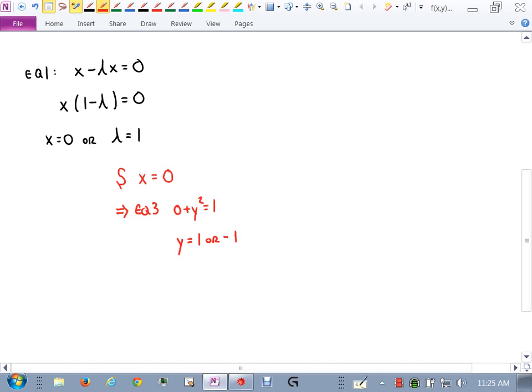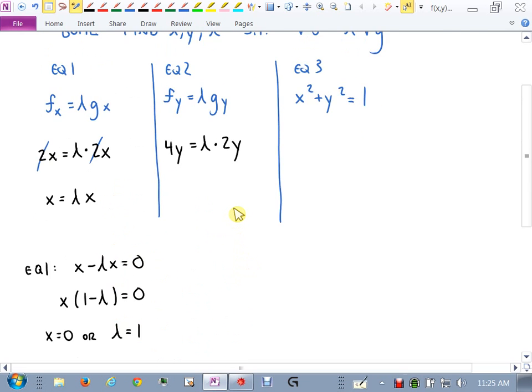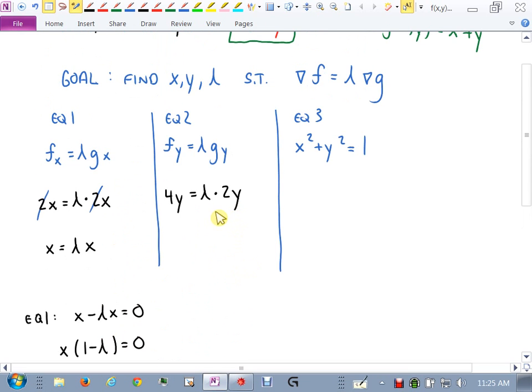Well, guess what that means? Now you have to consider those two possibilities. You see that? So I'm going to indent again, and I'm going to say, suppose y is equal to 1. What if y is 1? What can I get here? I can go back to the second equation, right?